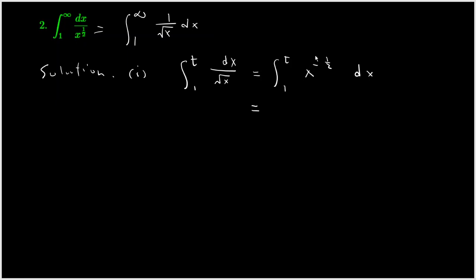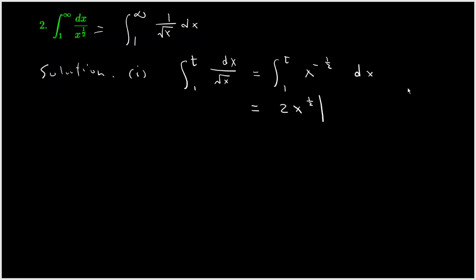So exponent plus 1, you have x to the power of 1/2. If at this location you have 1/2, you invert the numerator and the denominator. You should have 2 as the coefficient. What I have written so far is the antiderivative of the integrand.